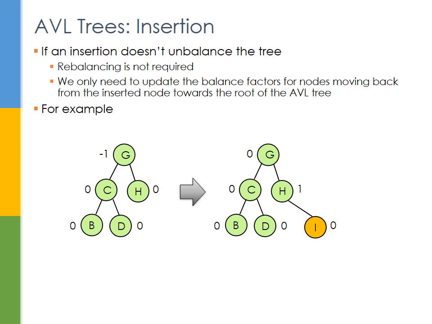Now, how we update the balance factor depends on which branch the insertion has occurred in for the node that we are currently considering. So if we insert in the right branch, this means we need to increase the node's balance factor by 1, and if we insert into the left branch, then we decrease the balance factor by 1.